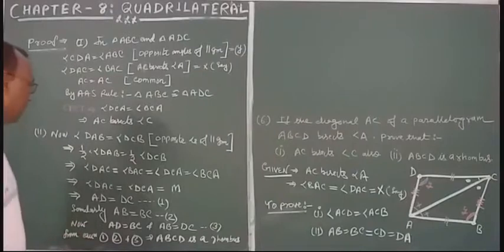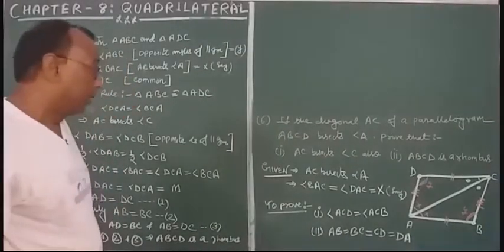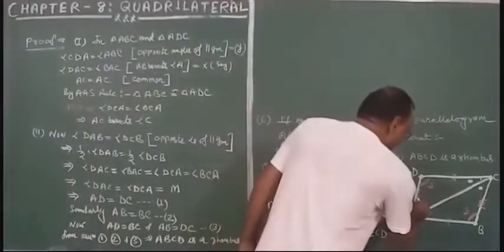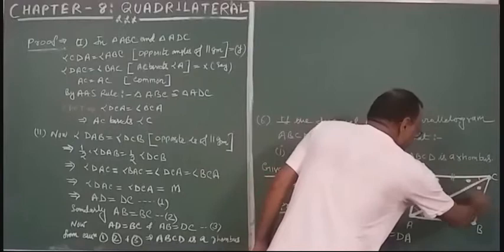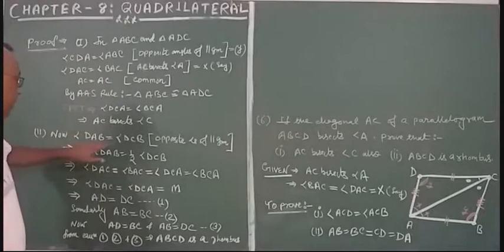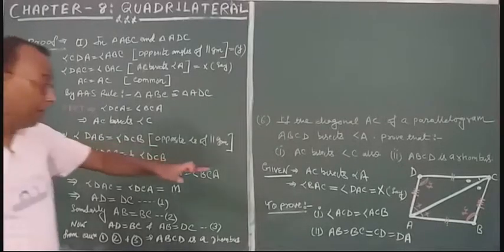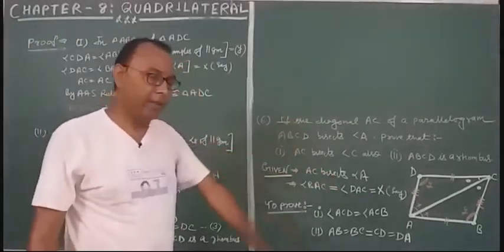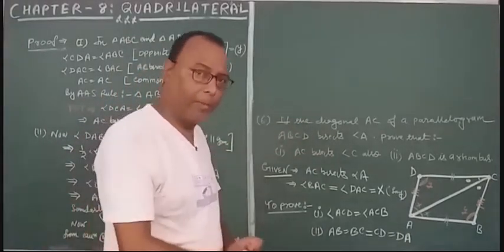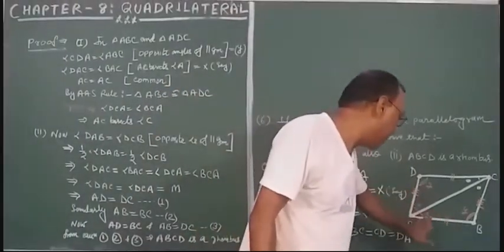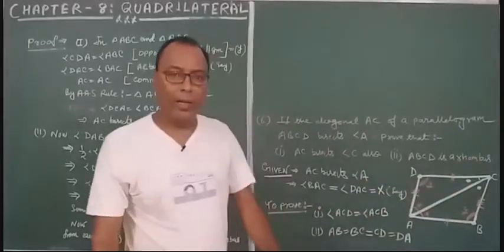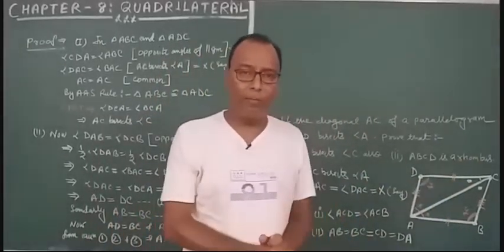Now just look here. Angle DAB, meaning angle A, is equal to DCB, meaning angle C. Given angle A and angle C, they are equal. Why are they equal? Because they are the opposite angles of a parallelogram.